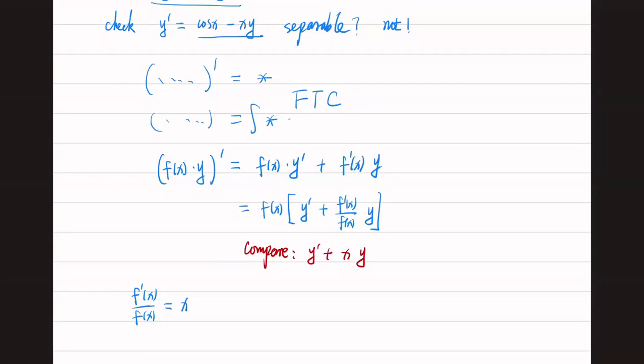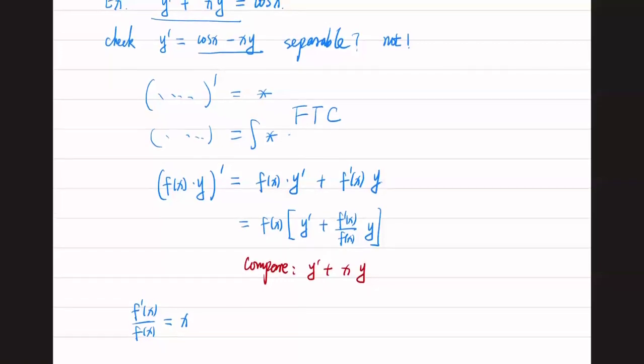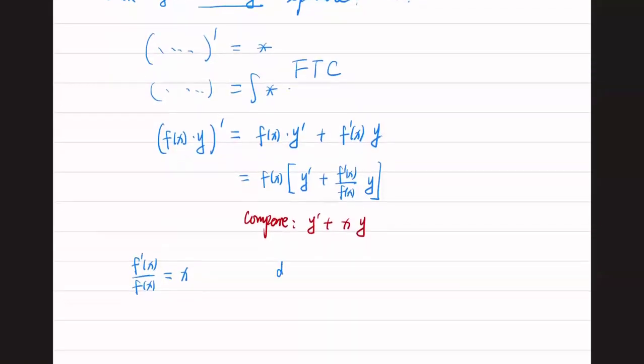Not easy. So now we integrate both sides because this is a separable equation about f and x. If we integrate, this will be df over f equals x dx. Okay, separable.